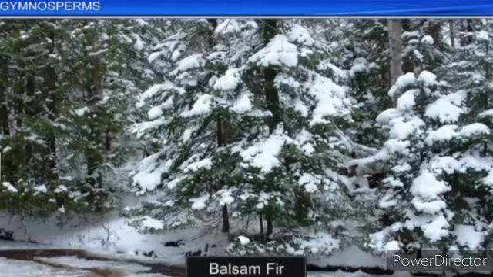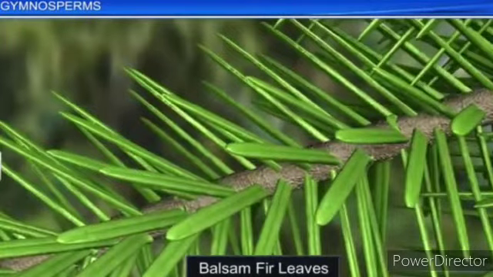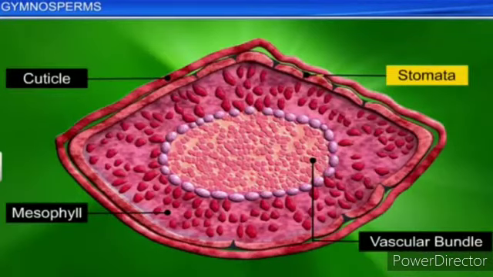The leaves in gymnosperms are well adapted to withstand extreme temperature, humidity, and wind. In conifers, the needle-like leaves reduce the surface area. Their thick cuticle and sunken stomata help to reduce water loss.